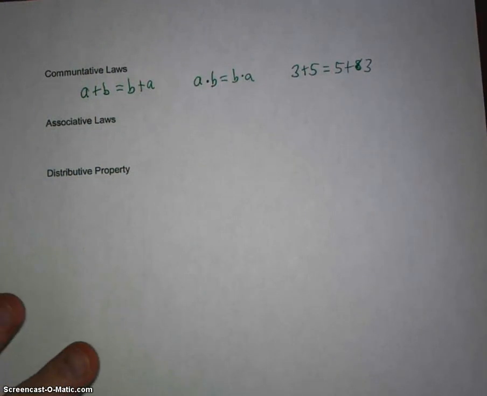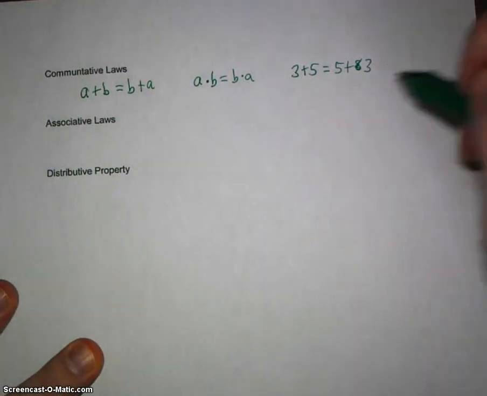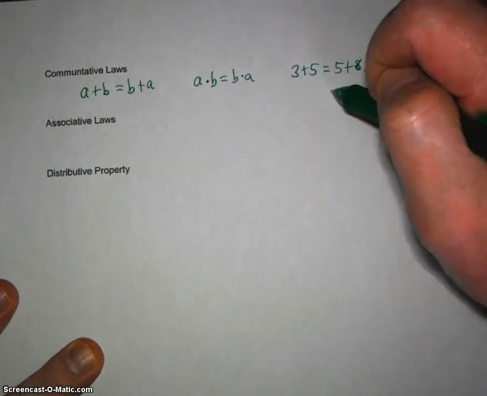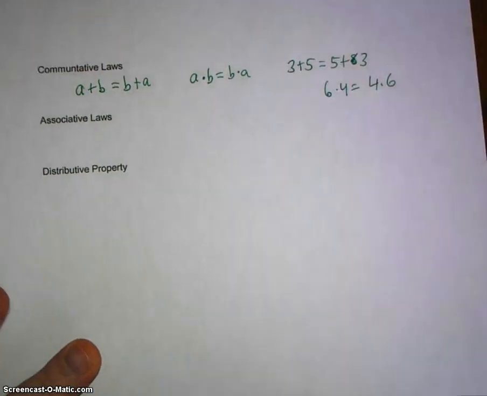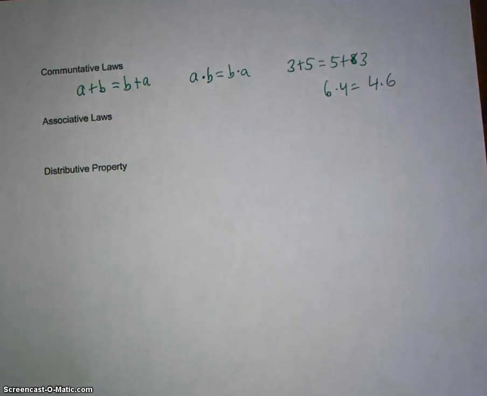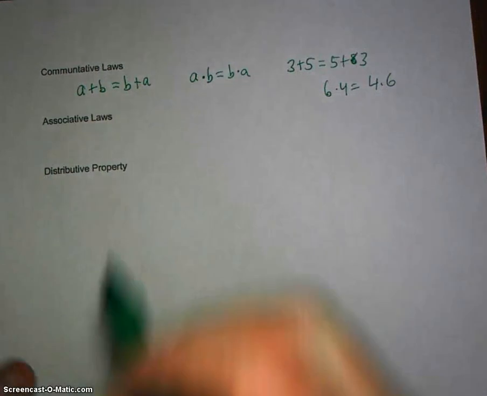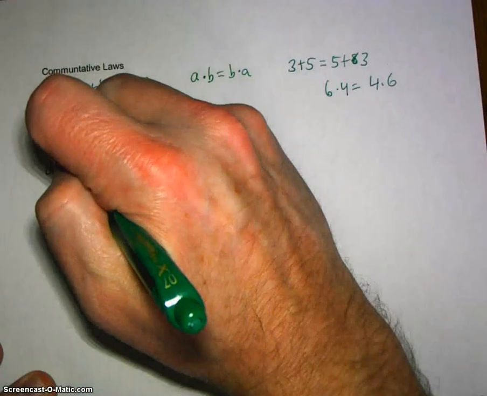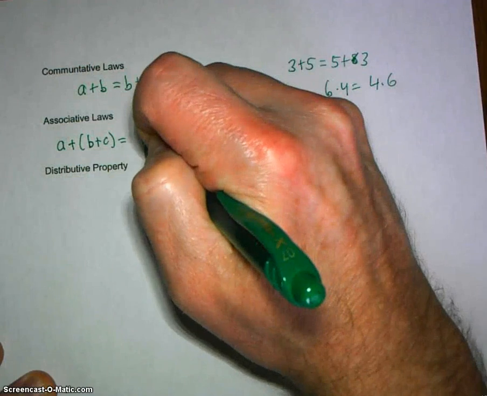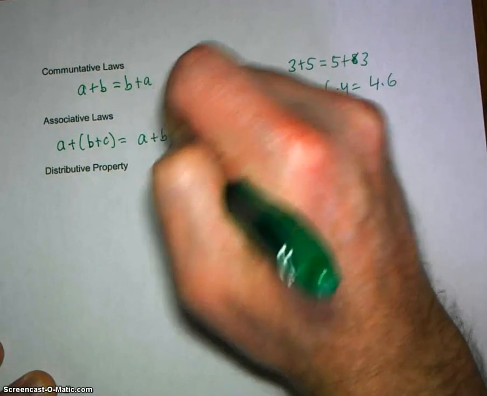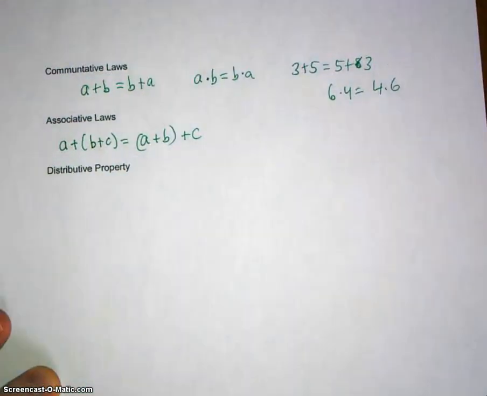Of course, when you multiply, it works too. 6 times 4 is the same as 4 times 6. That's all the commutative law is saying. Associative laws deal with parentheses. A plus B, plus C, is the same as A plus B plus C with the grouping changed.